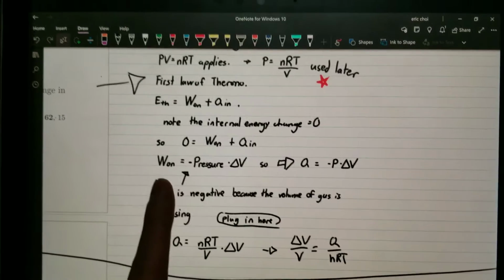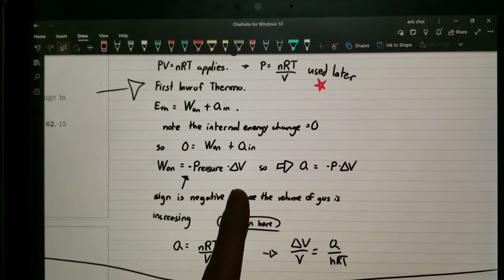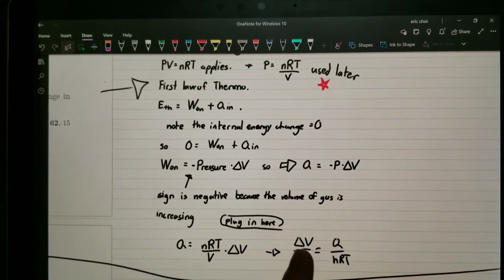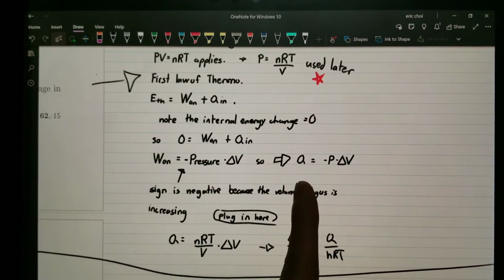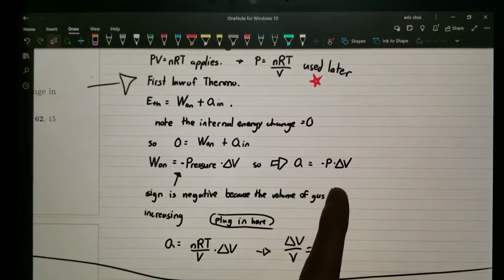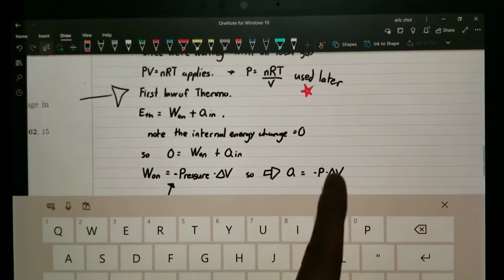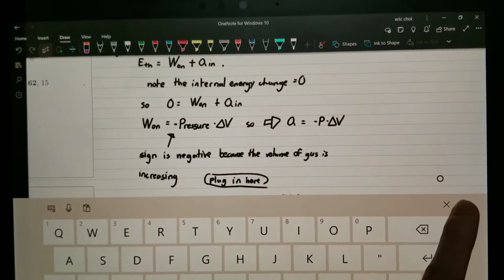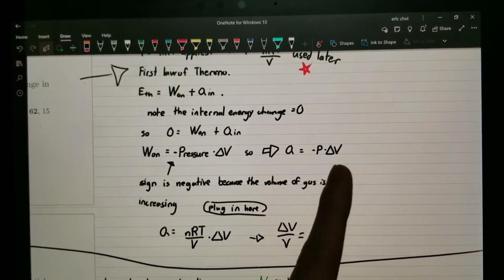So the work is equal to the negative pressure times the change in volume, and the sign is negative because the volume of the gas is increasing. If the volume of the gas was decreasing, it would be positive. And Q is equal to, actually, that should be positive right there, because I moved the work over to the other side. So it should be Q is equal to P times delta V.